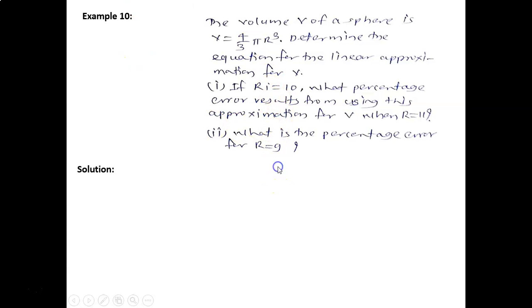Therefore, solution, they have given us this equation, that is volume V is equal to 4 by 3 pi r cube. First of all we will find out the value of small r by using these values. Ri is equal to 10 they have given and r is equal to 11. First of all we will take this first point, Ri is equal to 10, r is equal to 11. Therefore, small r is equal to r minus ri, which is equal to 11 minus 10.